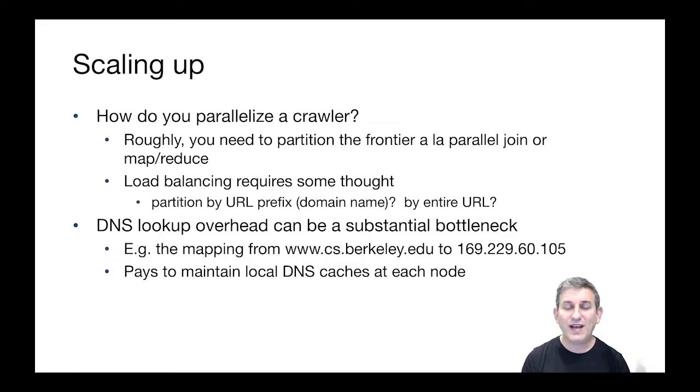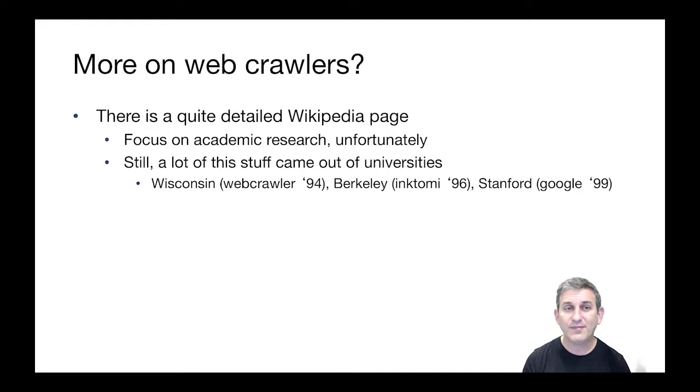And so to make this go faster, you're going to likely maintain a local DNS cache at every node in your crawler. And that means you probably want to partition based on the domain name, so that a given crawler that's already cached a URL gets all the subsequent fetches for that URL. Okay? So the load balancing here has some peculiarities based on things like DNS lookup.